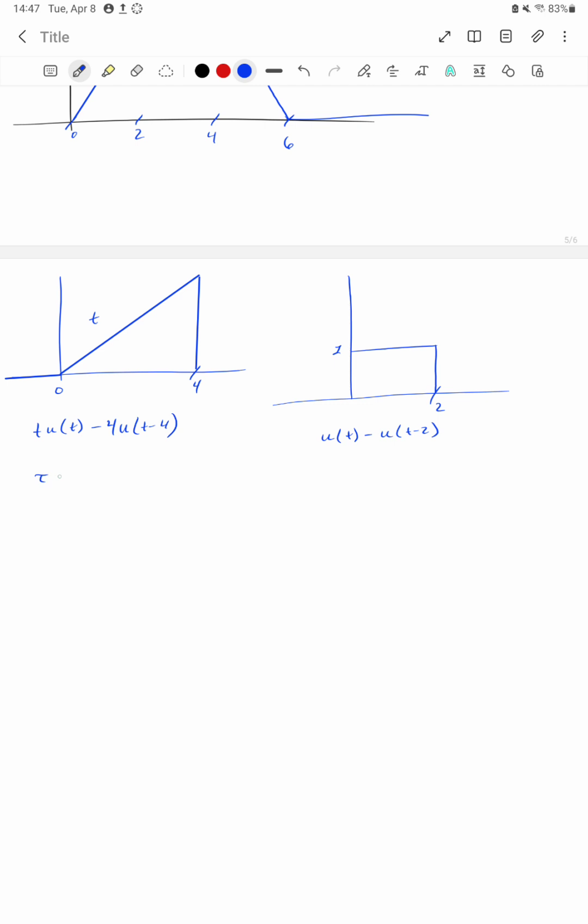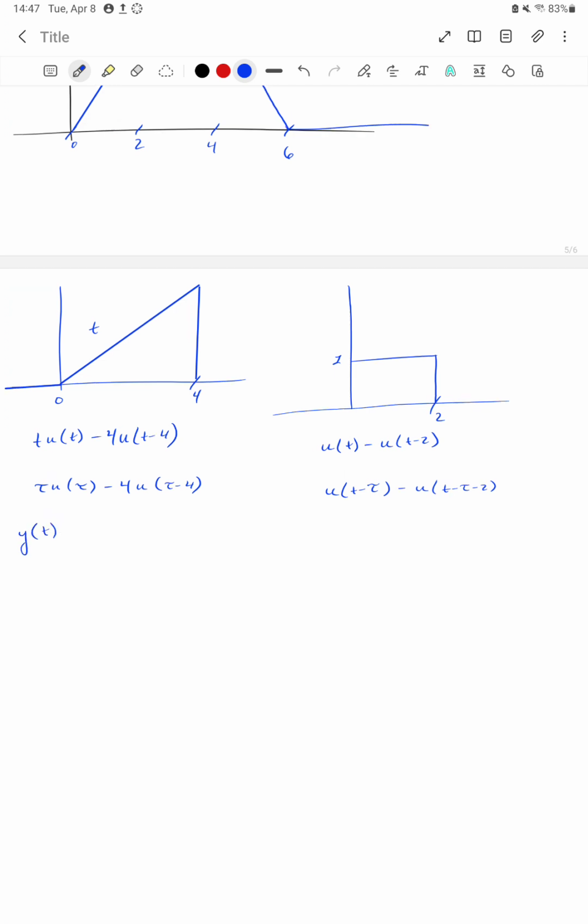So this is going to turn into tau u of tau minus 4 u of tau minus 4. And over here, we're going to deal with u of t minus tau minus u of t minus tau minus 2. Okay.